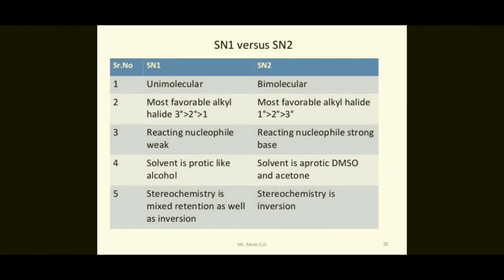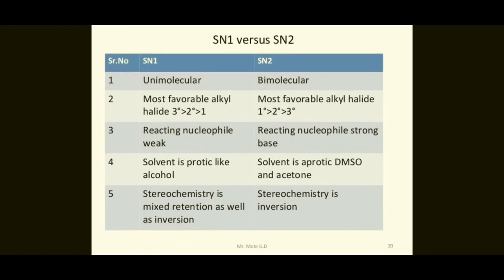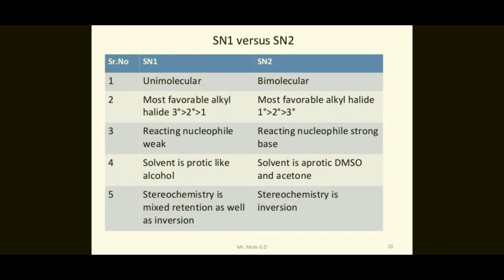Students, now the difference between SN1 and SN2 mechanisms. SN1 reaction is unimolecular and SN2 is bimolecular. The most favorable alkyl halides for SN1 are 3 degree, 2 degree, 1 degree, and for SN2 they are 1 degree greater than 2 degree greater than 3 degree. In SN1 reactions the nucleophile is weak, and in SN2 reactions the nucleophile is strong.